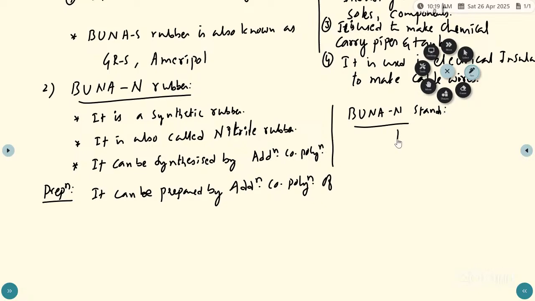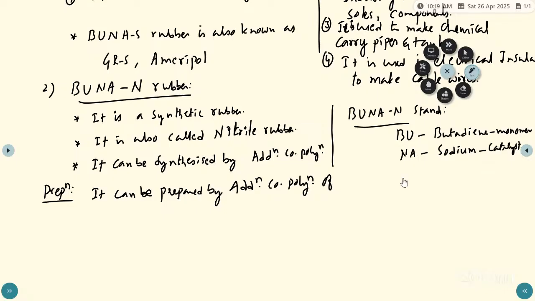What is Bu? Bu stands for butadiene, which is a monomer. And Na stands for sodium catalyst.